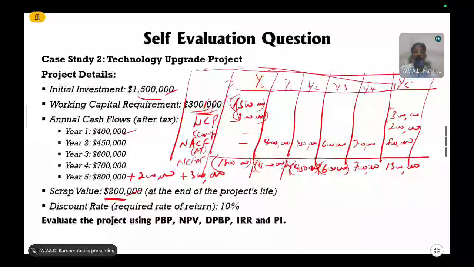Right? Then if you want to calculate the payback period, you can recover this by using the previous table, right? Then if you want to obtain the net present value, first of all you have to convert this into discounted value, using the discount factor.